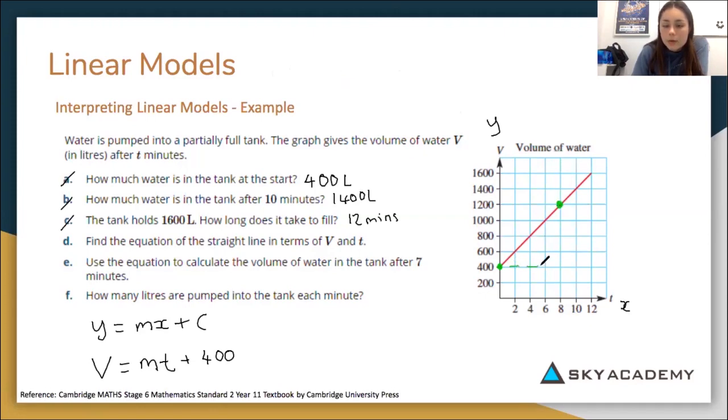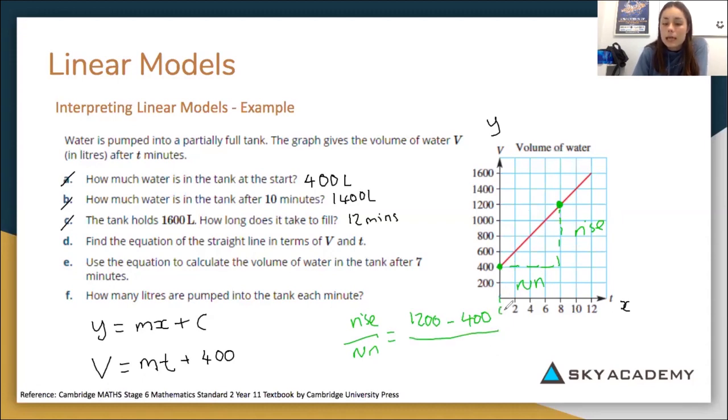So my rise and my run. So if I do rise over run, my rise is from 400 to 1,200. So the difference between the two is going to be my rise, and my run is going to be from here at 0 across to 8.